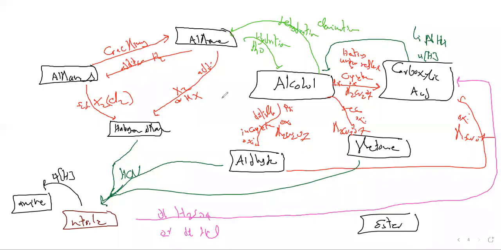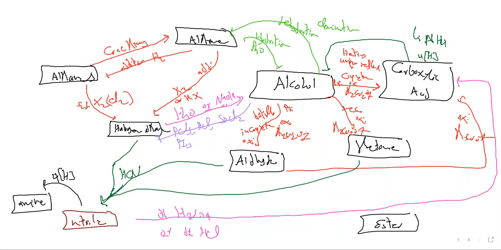For halogen alkanes to be alcohols, if we're reacting halogen alkanes with H2O or NaOH aqueous, it will change into alcohols while returning back from alcohols to halogen alkanes if reacting with PCl5 or HCl or SOCl2 or PBr3, one of them.